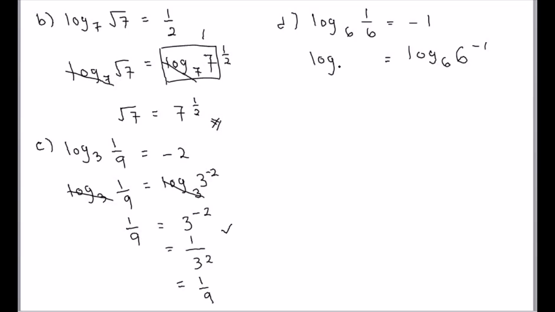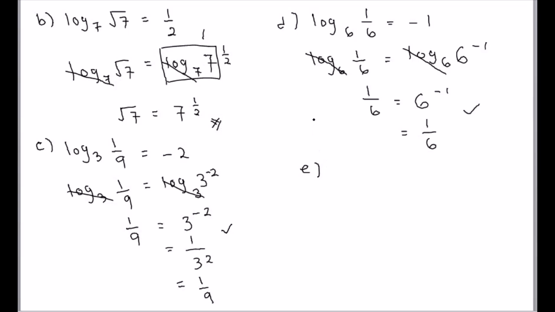Okay. And then we cancel log 6 on both sides. So we are left with 1 over 6 equals 6 to the power negative 1. This is the answer in the index statement. But to check, we can change 6 to the power negative 1 into 1 over 6. So we get the same answer on both sides, left and right.